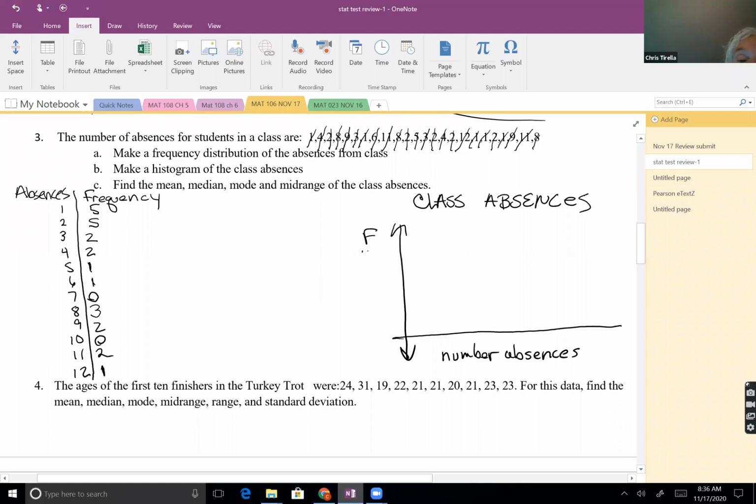We could label it frequency, or we could label it number of students. Number of absences goes from 1 to 12. Highest frequency is 5. Let's go up to 5.